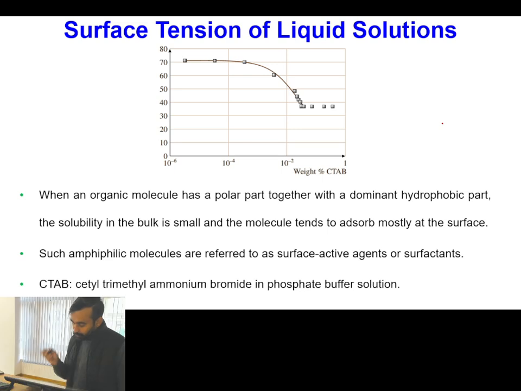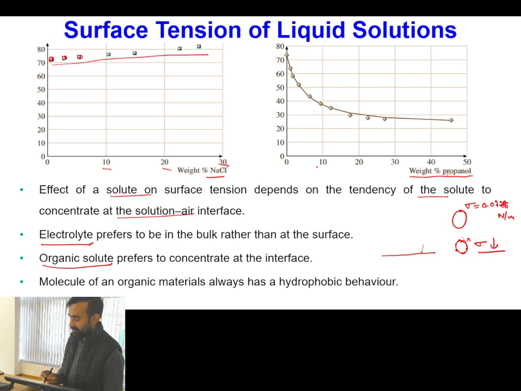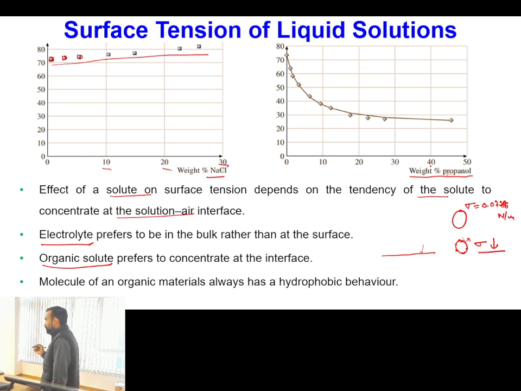Now you can see one more solution, which is cetyl trimethyl ammonium bromide, present in phosphate buffer solution. So you can see the weight percentage. Earlier, how much weight percentage did we add? A significant amount of solution we were adding.